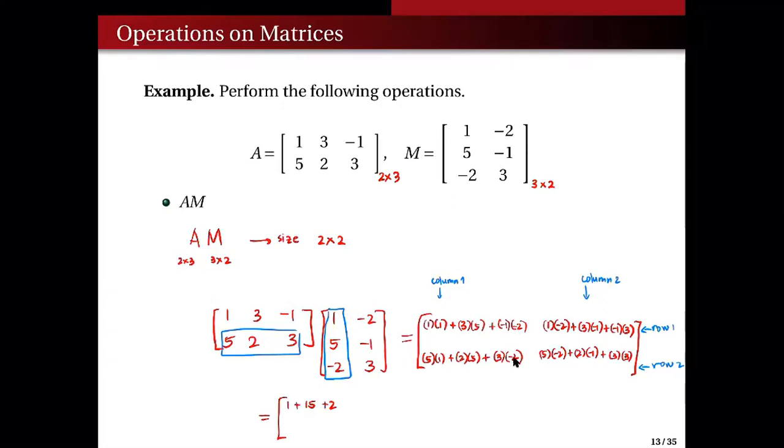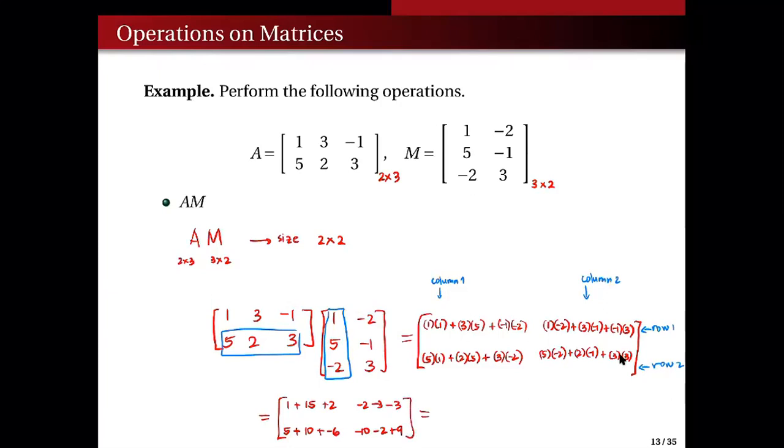For this, you have 5 plus 2 times 5, that's 10, plus 3 times negative 2, that's negative 6. For this, we have negative 2, negative 3, negative 3. And then for this, we have negative 10 minus 2 plus 9.